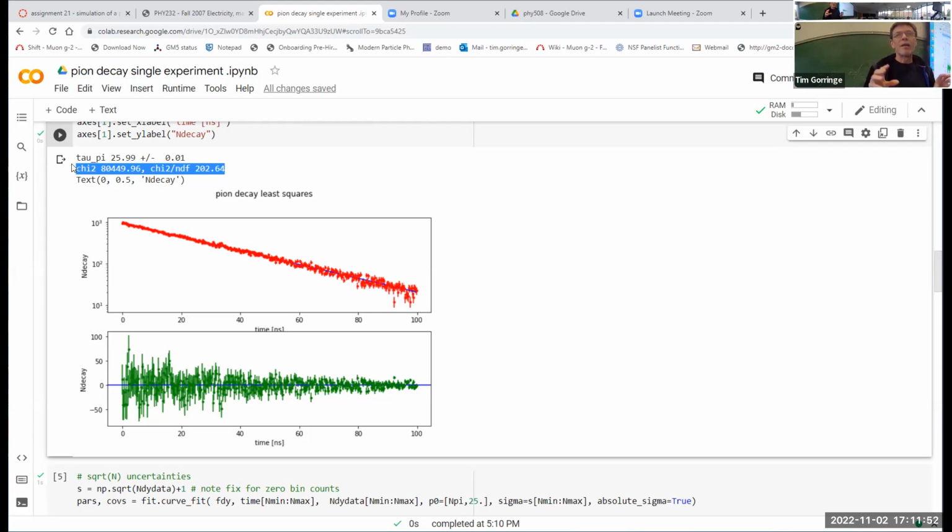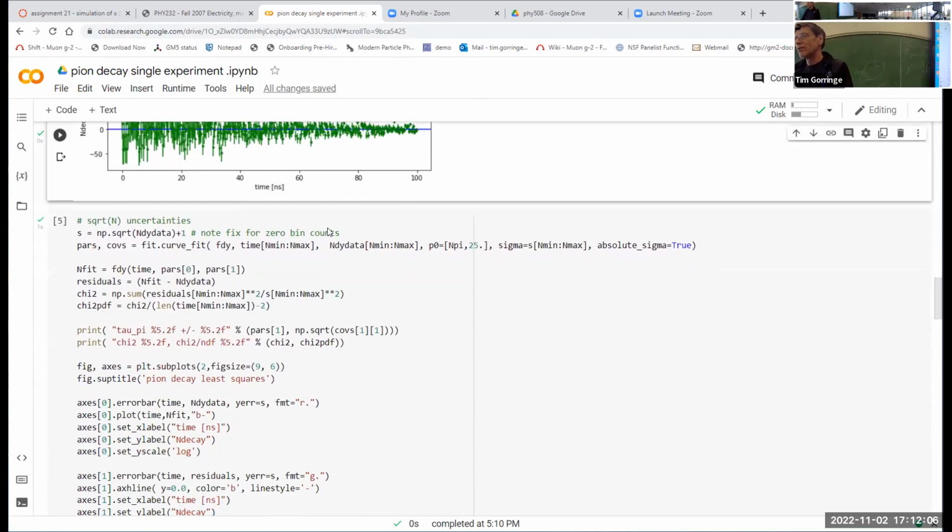I wanted to show you this as a benchmark, assuming that the uncertainties are the same, but we really need to be more sophisticated to extract the lifetime. So that's just a reference.